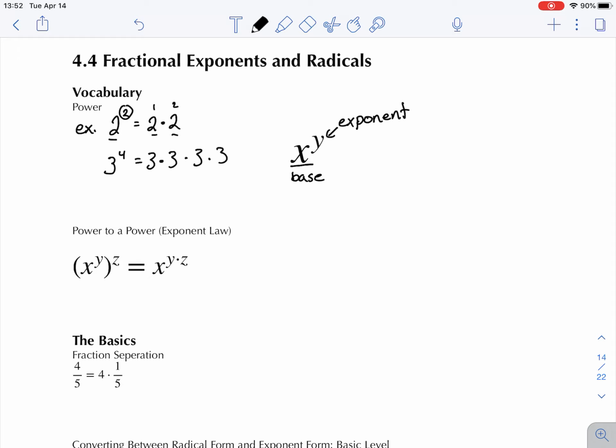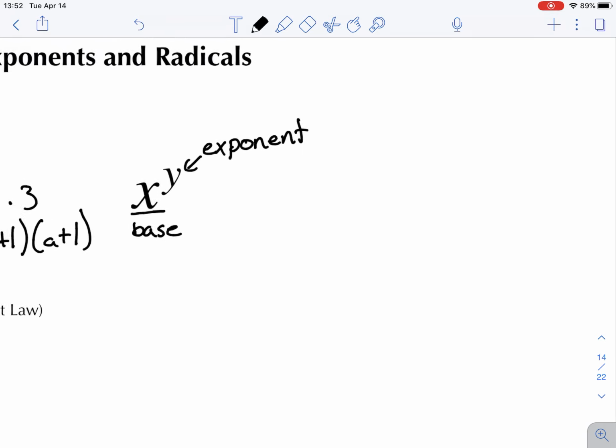We can even have exponents on algebraic expressions. (a + 1) to the power of 3 is equal to (a + 1) times (a + 1) times (a + 1). But now we want to extend what exponents mean to when the exponent is not necessarily a whole number.